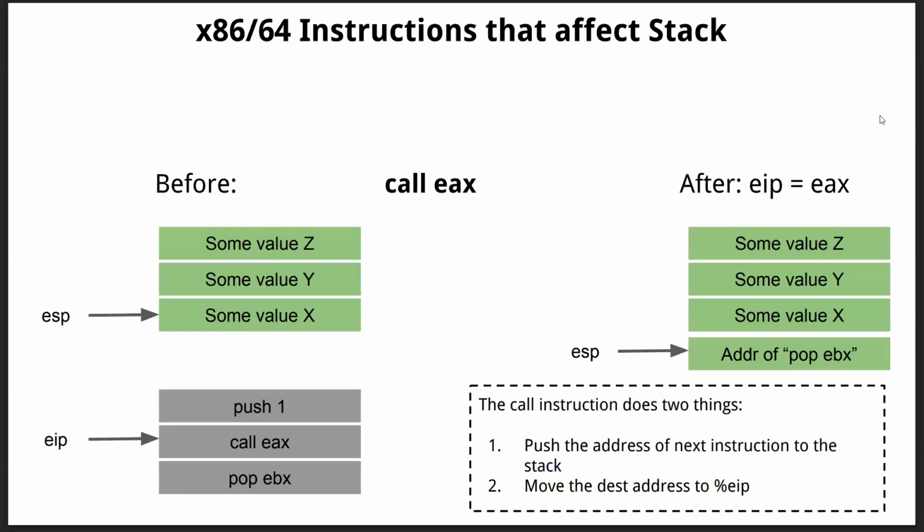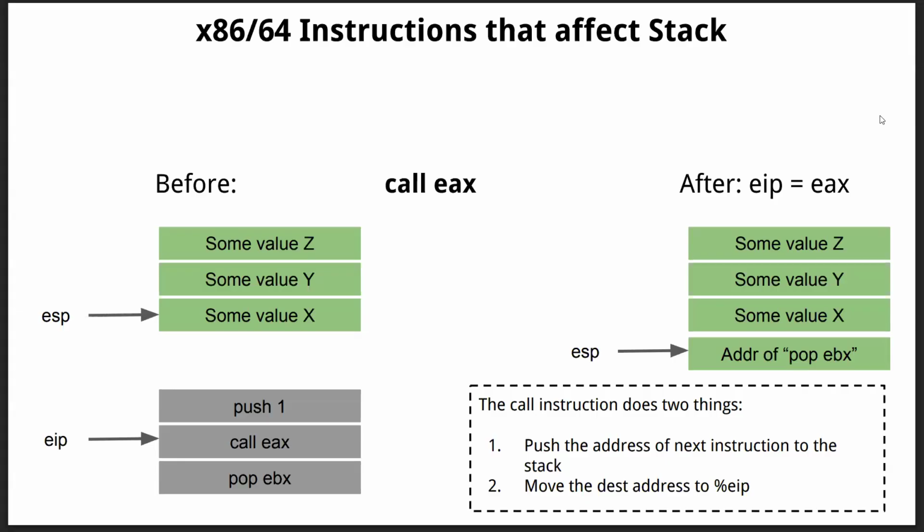EIP, or 64-bit RIP, this register has the address of the next instruction to be executed. So when it has this, it means this instruction has not been executed yet. We're about to execute this. After this, we also have another instruction, pop EBX.